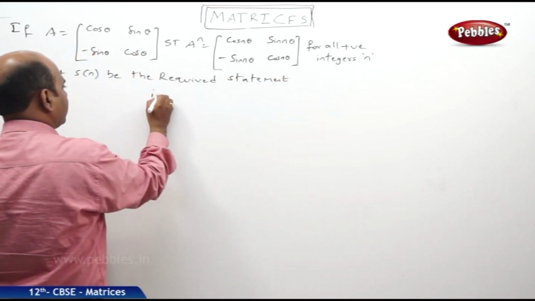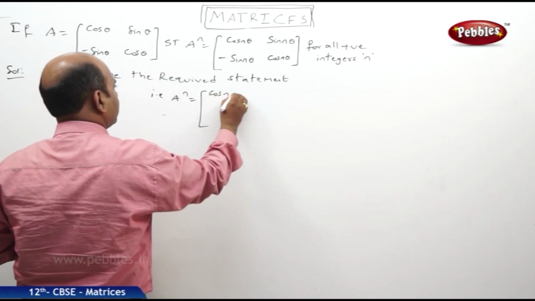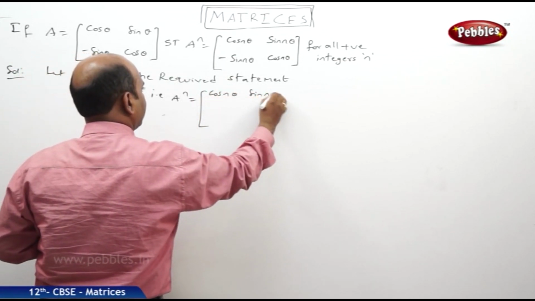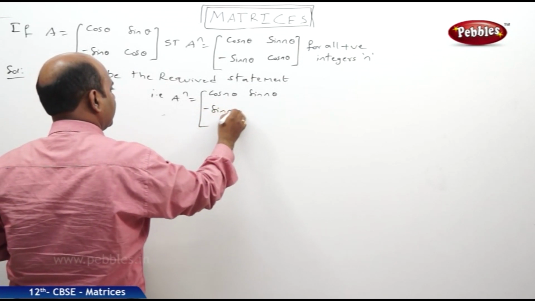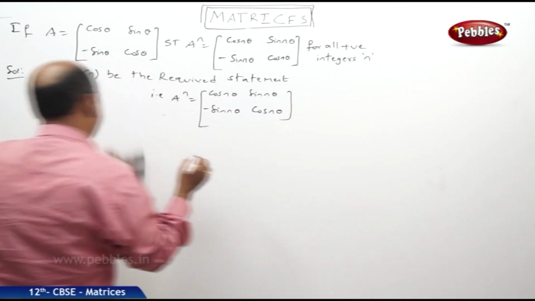That is, what is our statement? A power n is equal to cos n theta sin n theta minus sin n theta cos n theta.